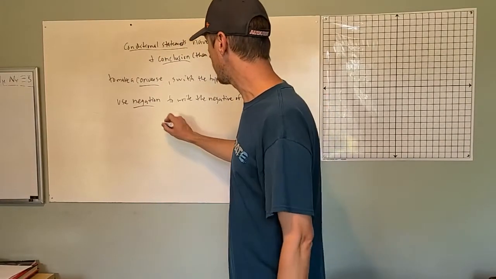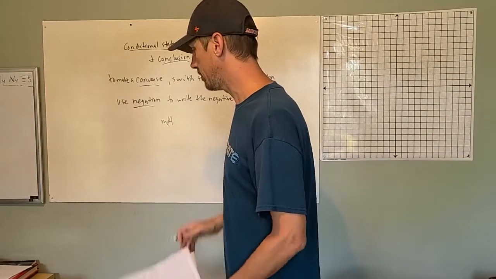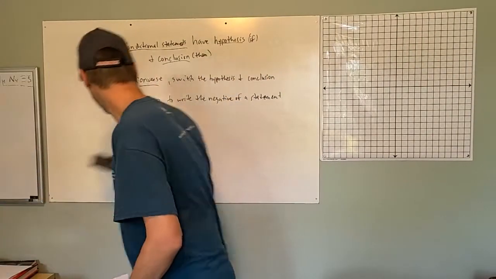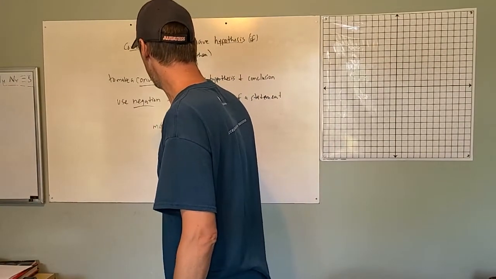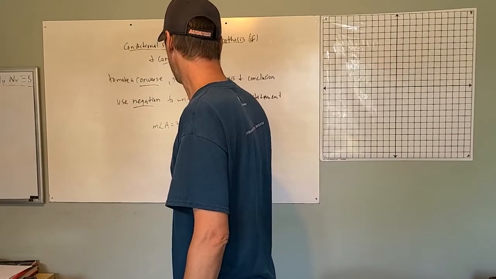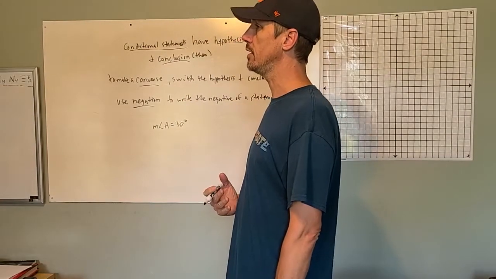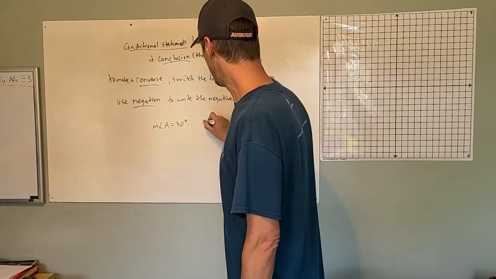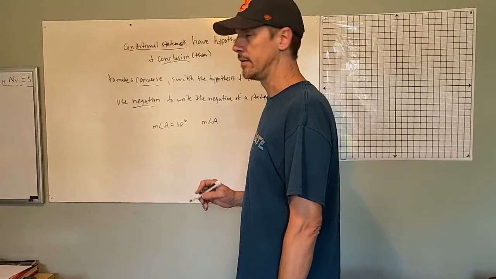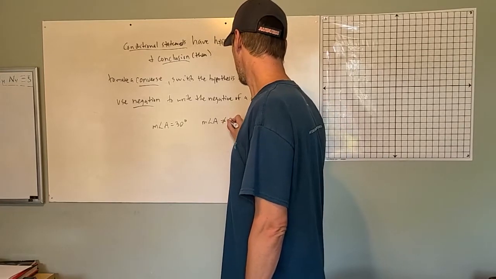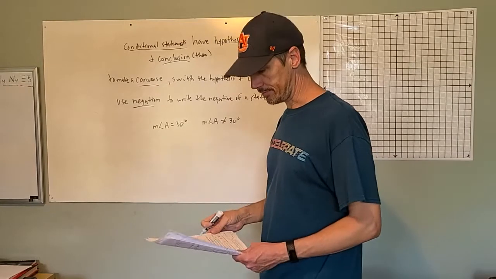If we say, for example, the measure of angle A is equal to 30 degrees, and we wrote the negation of that statement, we would just say the measure of angle A is not equal to 30 degrees. Do you know how we would do not equals in math? Is it like an equal sign with a line through it? Yeah, exactly. So it's not equal to 30 degrees. That would be the negation. This is the negation of the first statement, okay?